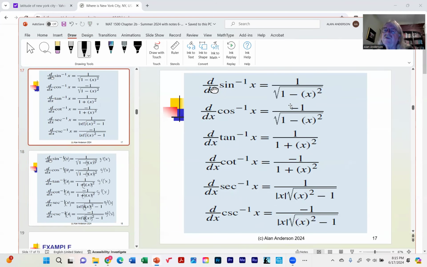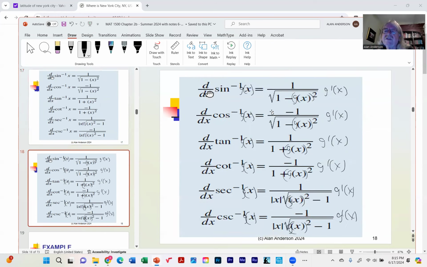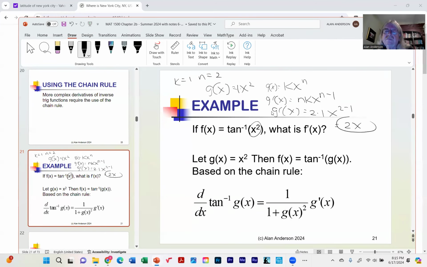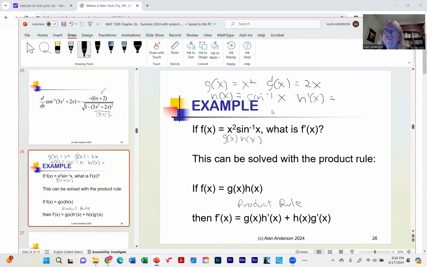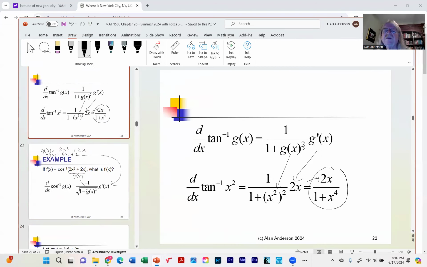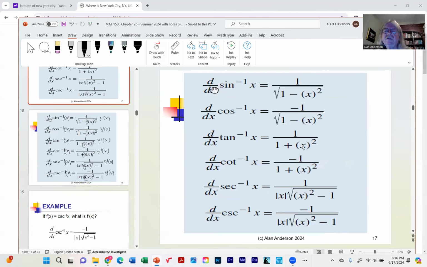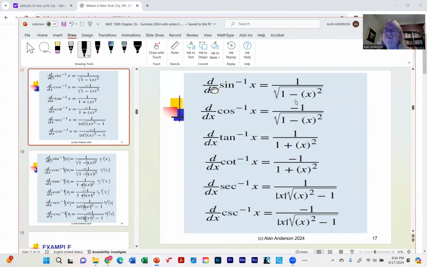We don't need the chain rule. It's just 1 over the square root of 1 minus x squared. So in other words, that one does not require the chain rule. So you can just use this one.